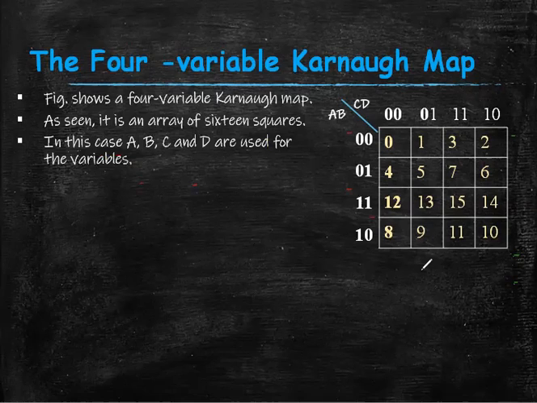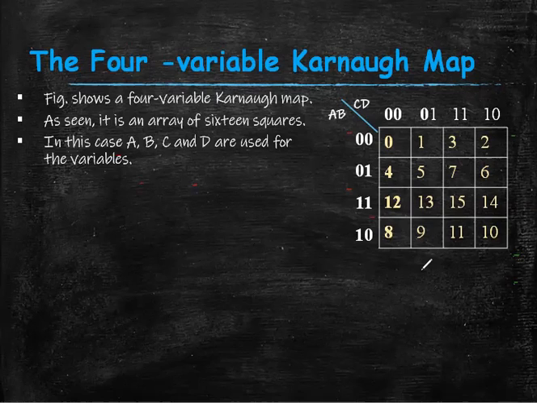Okay. And here in this case, we use A, B, C, D as the variables. As before, we can use any 4 variables. It may be P, Q, R, S or X, Y, Z, K, anything. Any 4 variables can be used.